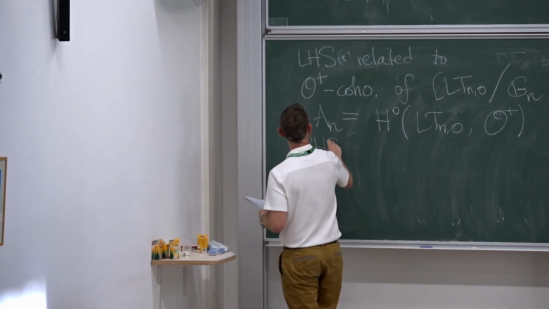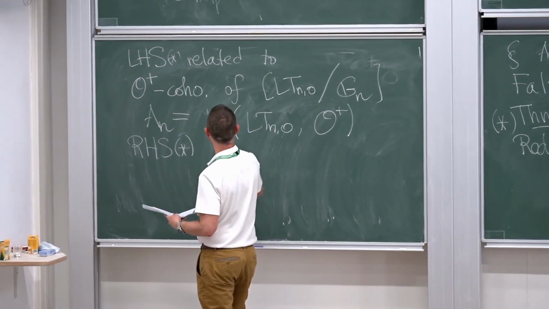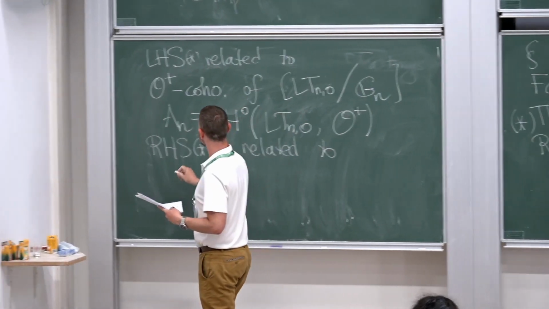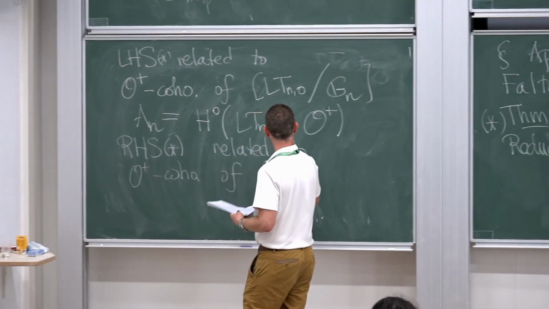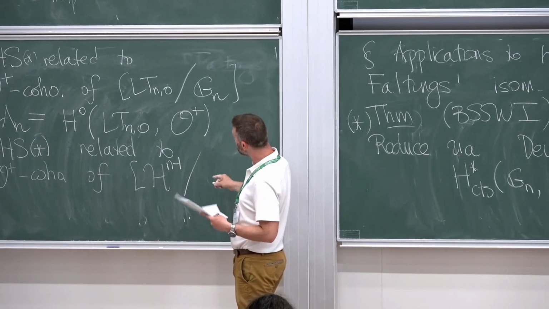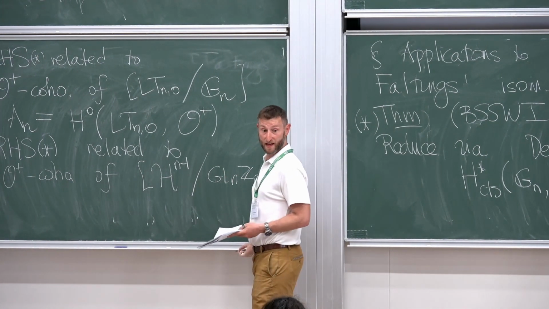What about the right-hand side? The right-hand side is related to, again, the O plus cohomology, but of the other side. So that's going to be the quotient of Hn minus 1 by GLn(Zp), whatever that comes out to be.